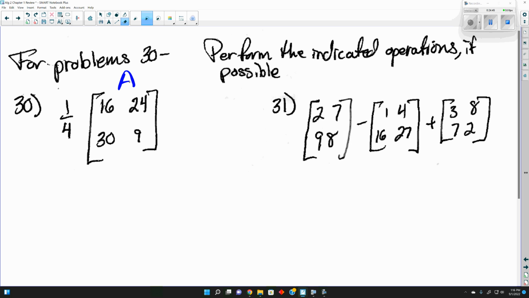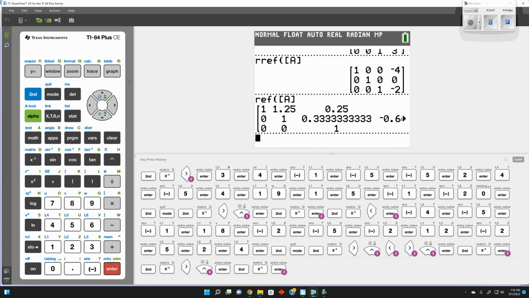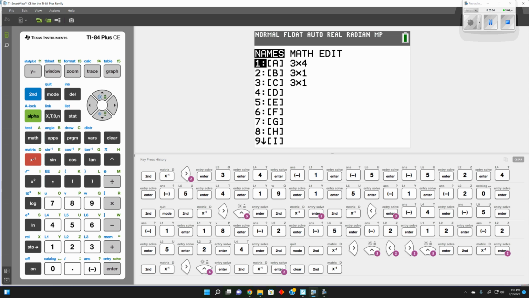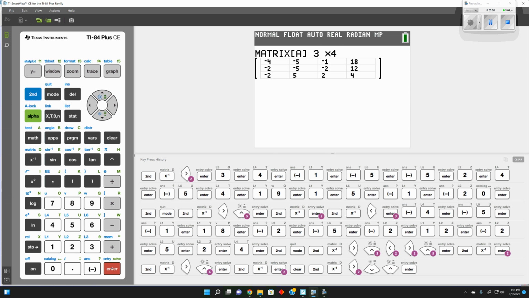Alpha y equals enter. So that's the most asked question, fractions, how to get those. Now the first thing we can do is for the matrix, we can go over to edit.